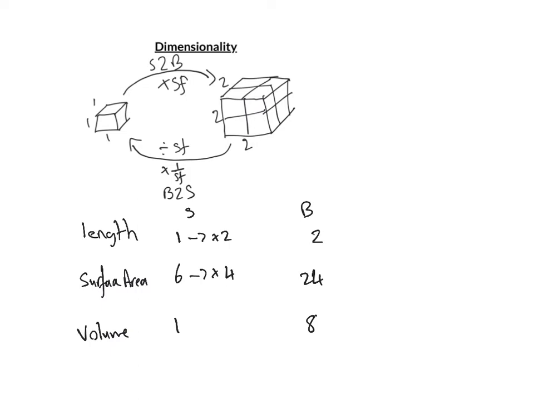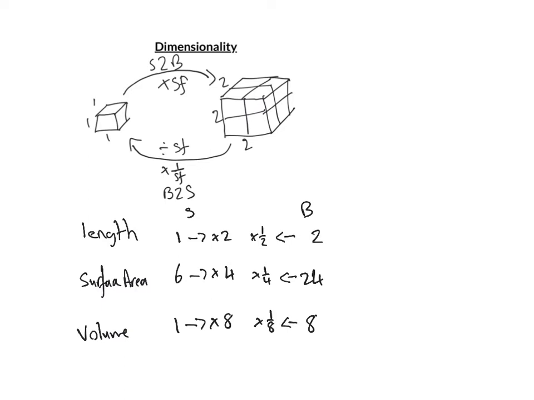And to go small to big in volume, we've multiplied by 8. To go the other way, we have divided by 2, or times by its reciprocal, which is a half. This way, we've times by a quarter, and this way, we've times by an eighth.